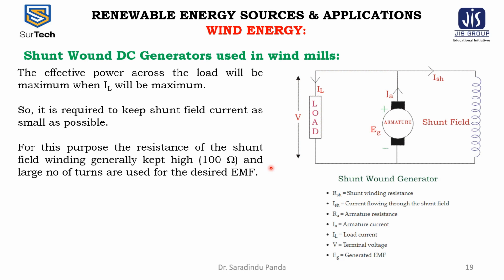For this purpose, the resistance of the shunt field winding is generally kept high, about 100 ohm, and a large number of turns are used for the desired EMF. The shunt field current ISH is equal to V by RSH.